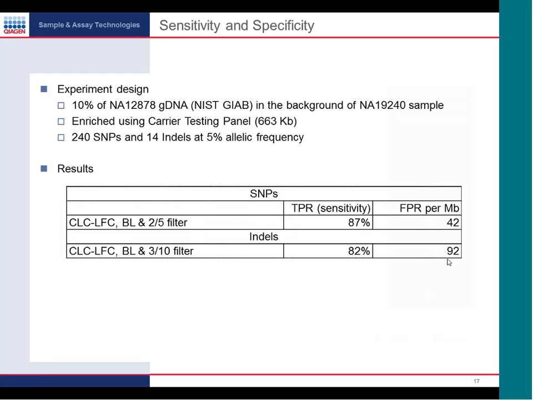You have to remember that here we are talking about the ability to detect 5% mutation frequency. As you go toward higher mutation frequency, the sensitivity will improve and the false positive rate will decrease further. And at 5% mutation frequency, these sensitivity and false positive rates are pretty good in any kind of comparison.